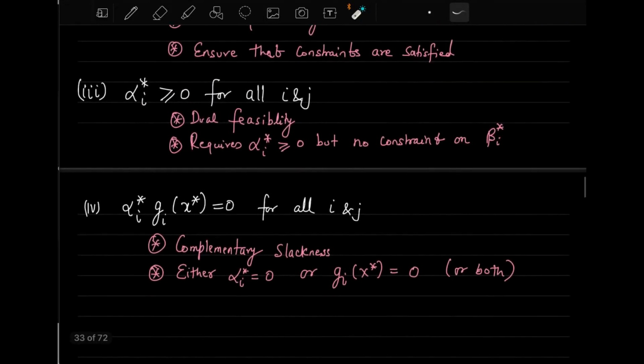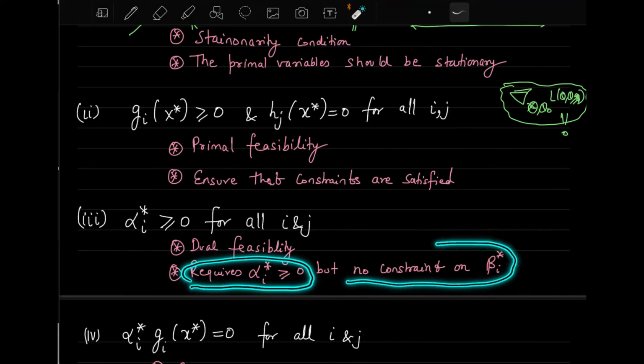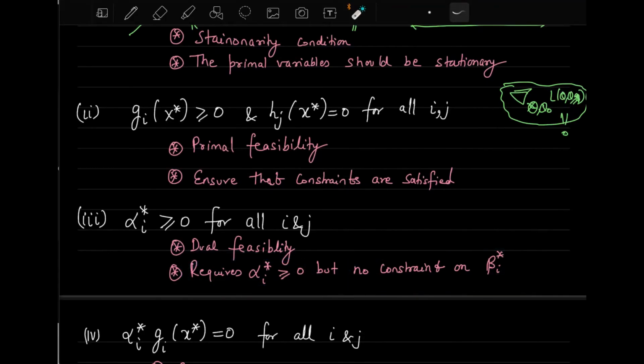So this is actually given here. There is nothing fancy about it. It is also called dual feasibility, and the requirement is that alpha_i has to be greater than 0 and there is no constraint on beta_i star. This I have just explained earlier.